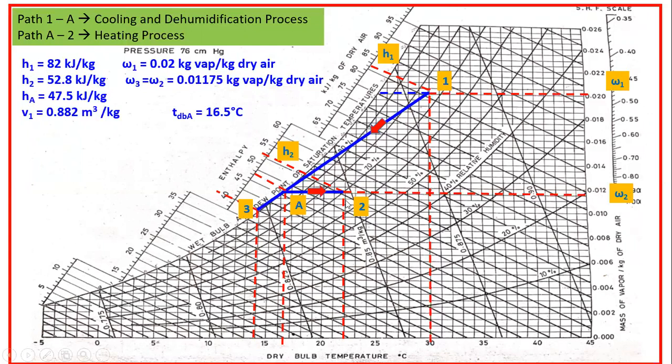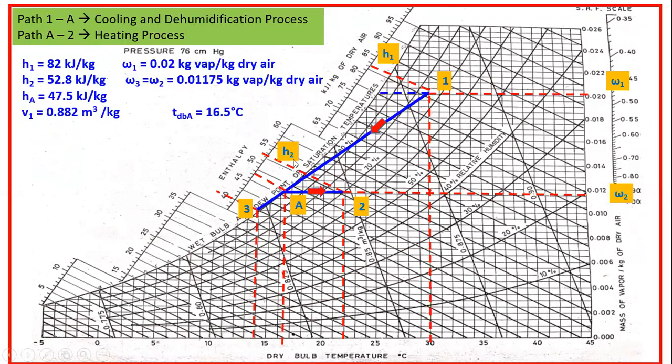Then from 2, go back in the reverse direction along the constant specific humidity line, that horizontal line, which should intersect the line joining 1 and 3. Mark that point as A. So accordingly, 1 to A is our cooling and dehumidification process and A to 2 is the heating process.